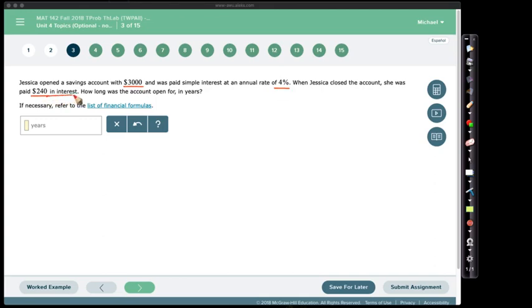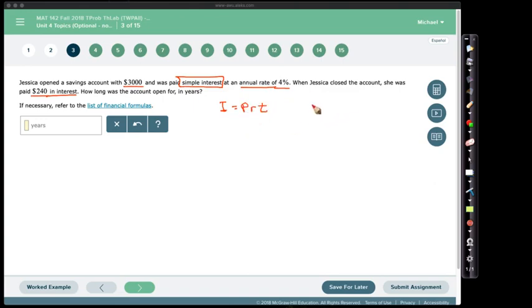That's 240 is the interest. We have an annual interest rate. That's good. And then we've got this word simple interest. This makes it very important that we are talking about simple interest. So the formula interest equals principal times rate times time is going to come out.